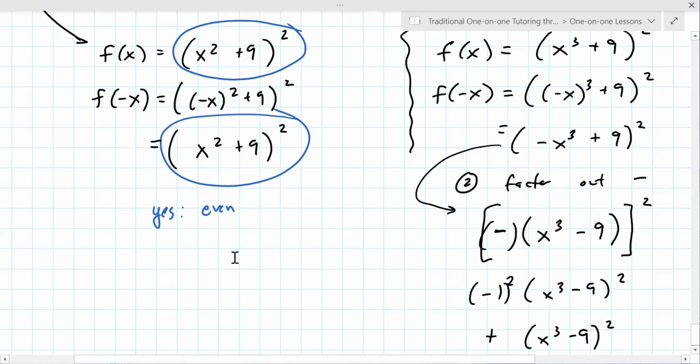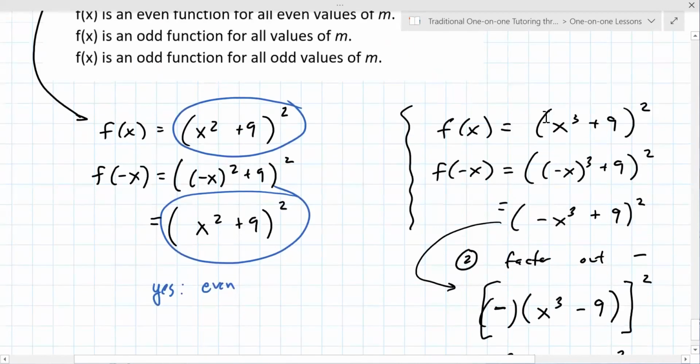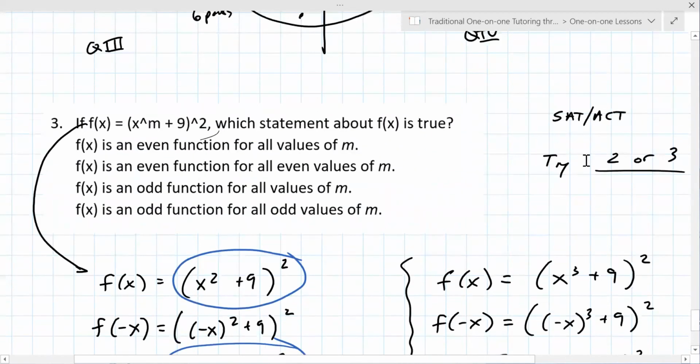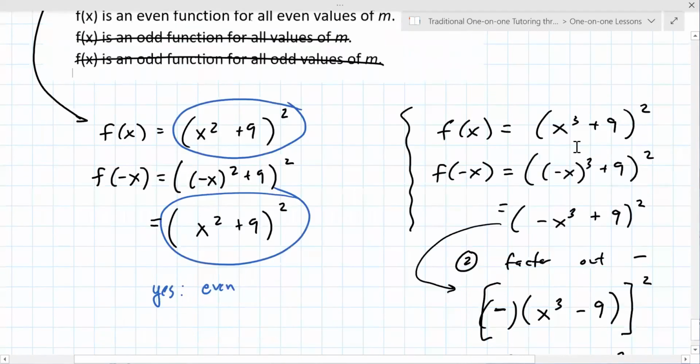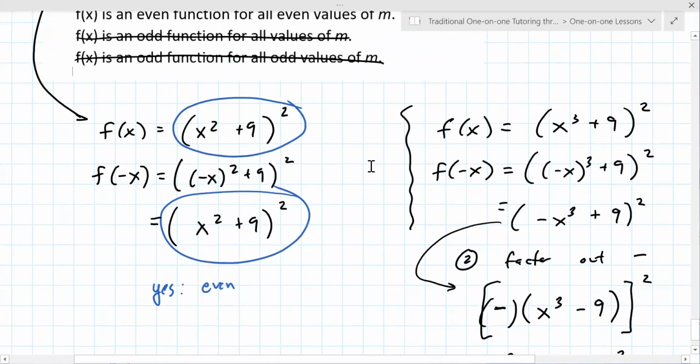This is me giving you an example of a problem like this. Based on this, it's definitely not odd. But is it always even? Well, it wasn't even for this one, but it was on the one on the left.